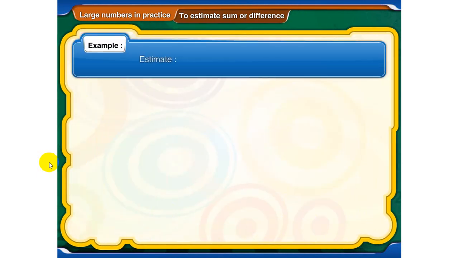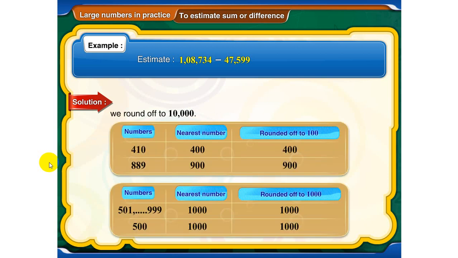Example. Estimate 1,08,734 minus 47,599. Here's the solution. Here we round off to 10,000s. We have learnt the rounded form of number nearest to 10, 100 and 1,000. In the same way, we can round off the numbers nearest to 10,000.